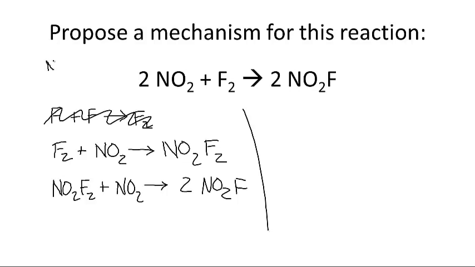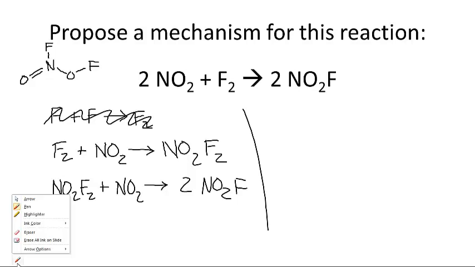And it might be challenging to draw a Lewis structure that would work for that. Here, I could come up with one, I think. Maybe. Here, it's going to have an odd number of electrons. And so it's going to have to be a radical. So I think it's going to have to look like this.